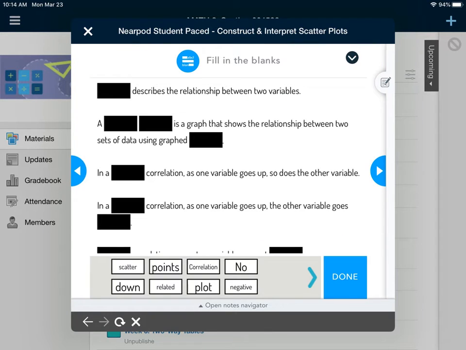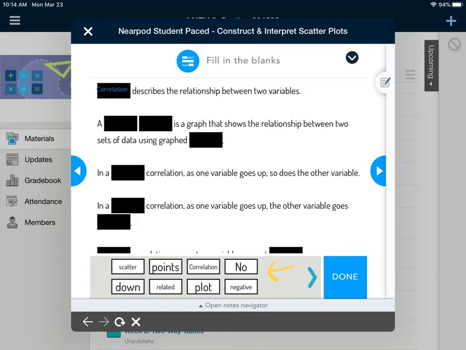On the Nearpod, you'll encounter a fill in the blank. So you would use these words down here to fill in. So let me do a few with you. Blank describes the relationship between 2 variables. The relationship, that's the correlation. So you'd put correlation right there. A blank is a graph that shows the relationship between 2 sets of data using graphed blank.